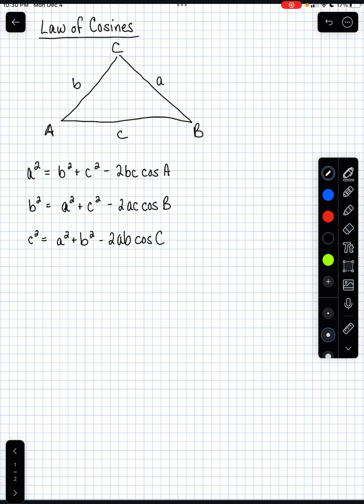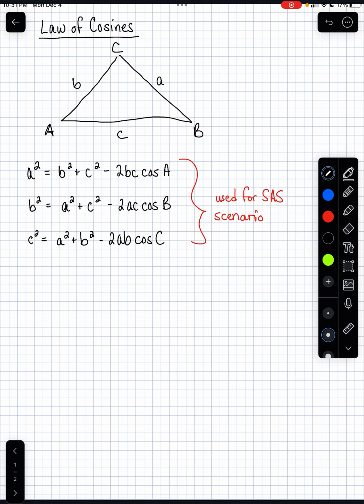These three forms are useful if you are trying to get the length of a side, which means they are useful for the side-angle-side relationship. So if we're dealing with a triangle where we have the length of a side, then the angle, then the length of the next side, these are the forms that we would use.